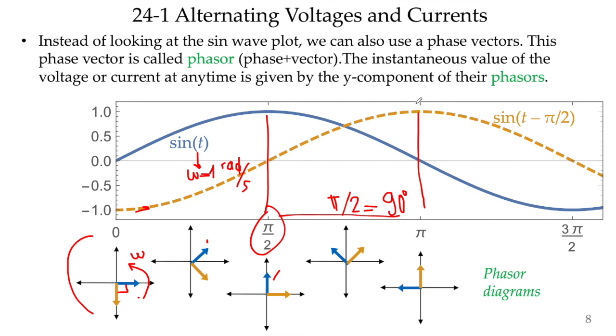It's coming behind the blue curve by how many degrees? 90 degrees. And you can see that the yellow curve is actually behind the blue curve. Again, imagine that these are rotating counterclockwise. So the yellow phasor is behind the blue phasor by 90 degrees. Look at here, it's again 90 degrees. It's always 90 degrees. This angle doesn't change.